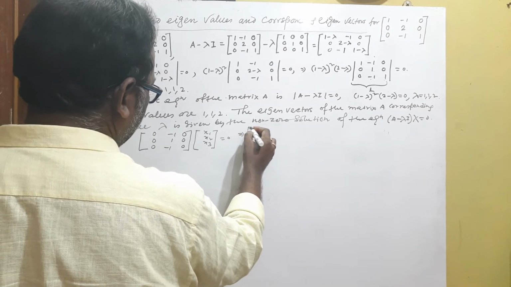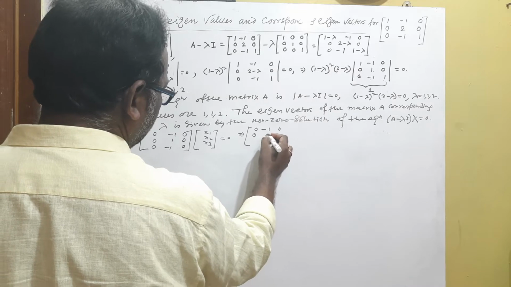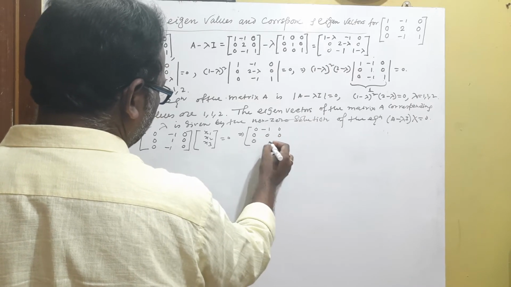Implies that this is 0, -1, 0; 0, 0, 0; 0, 0, 0.